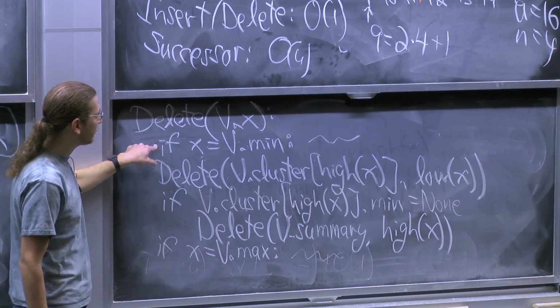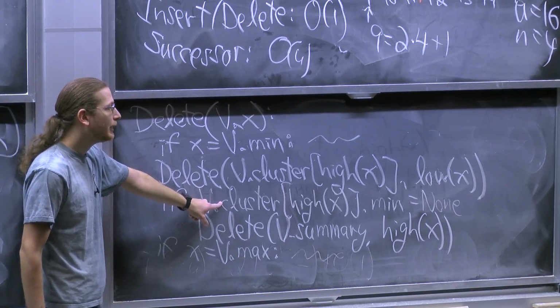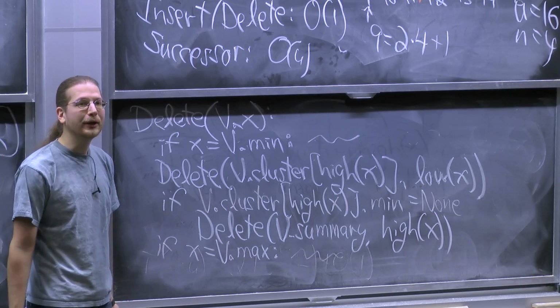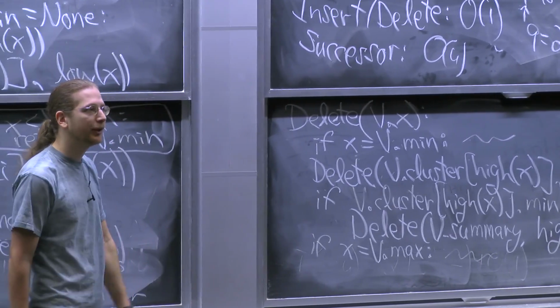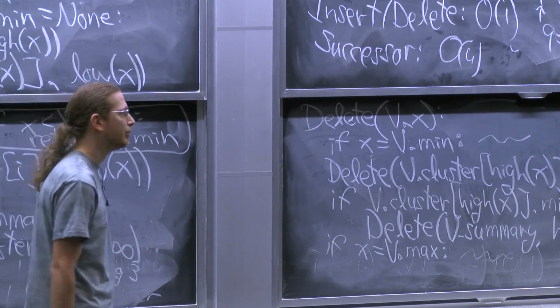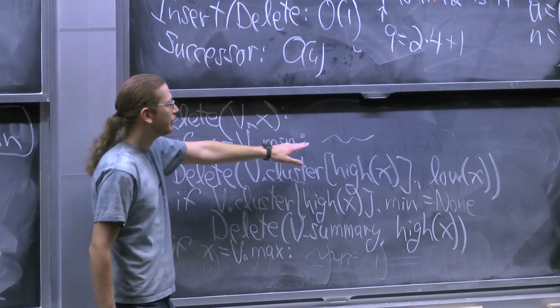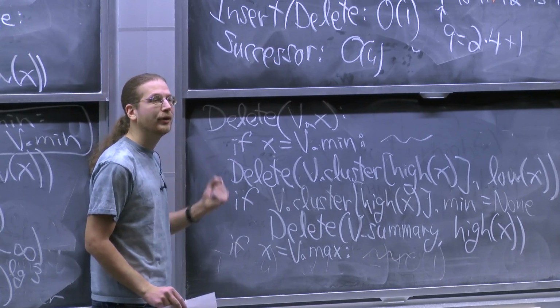And that's going to correspond to this case, because if we made the cluster empty, that means we deleted the last item. What's the last item? Has to be v.min. If you have a size 1 structure, it's always because that item is in v.min, everything else is empty. So that's the case of deleting v.min. So we want this case to take constant time when it's the last item we're deleting.